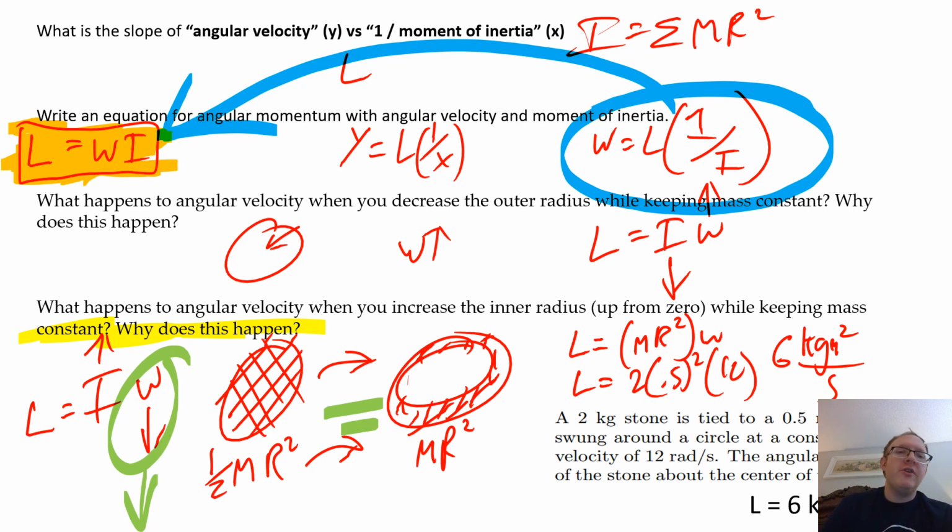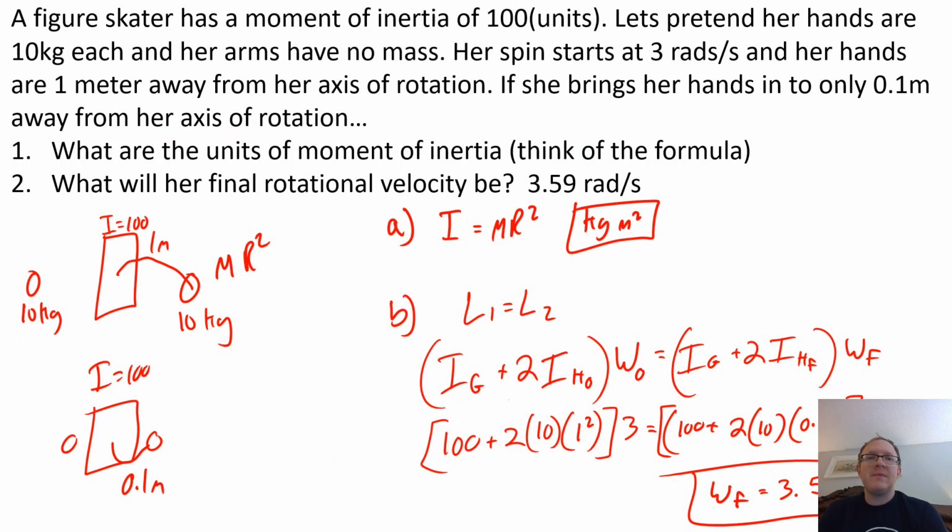All right, so let's move on to an actual example problem of a figure skater. You have a figure skater whose moment of inertia is 100, and I'm leaving it as 100 without units because I'm asking kids to recall the units of moment of inertia, which is an important thing for kids to remember. You can see the answer here.